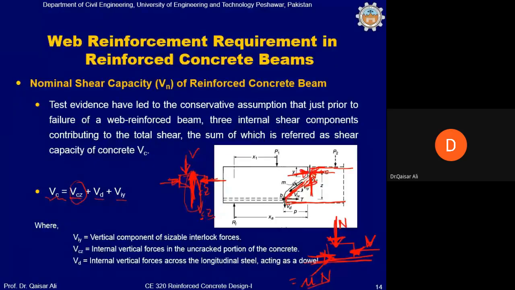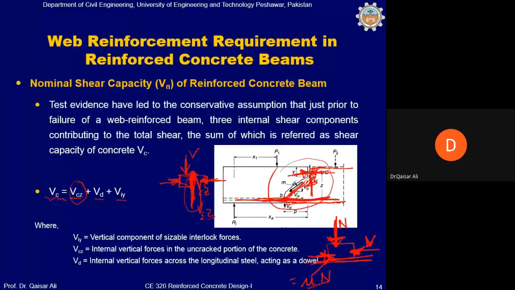The second contribution comes from this steel reinforcing bar. The steel reinforcing bar, which has been placed primarily for tensile stresses, will also help the 2 parts of the beam to remain together.